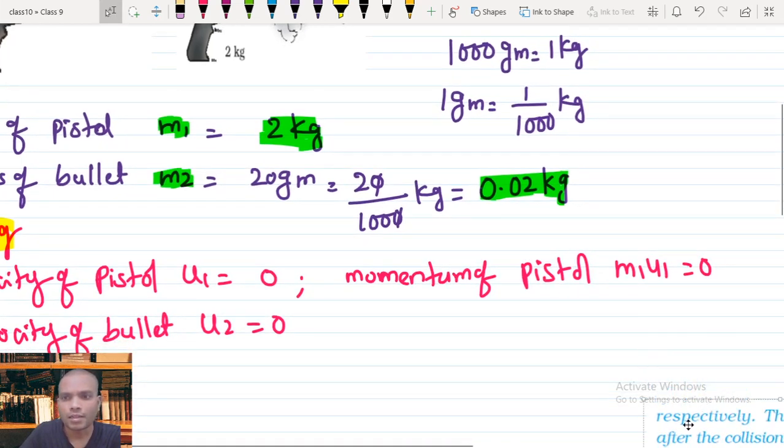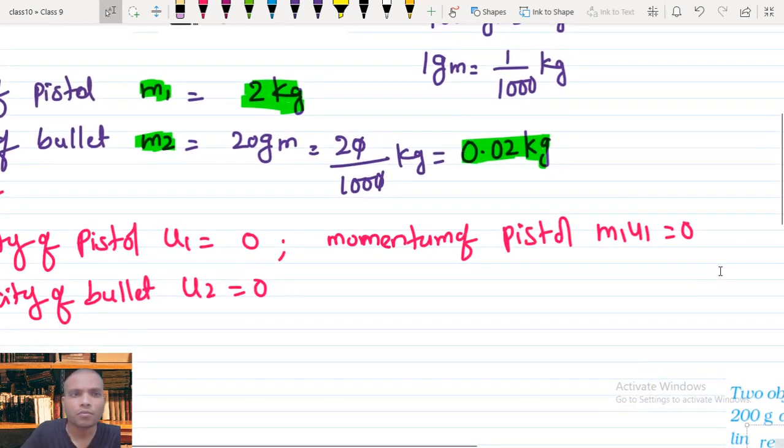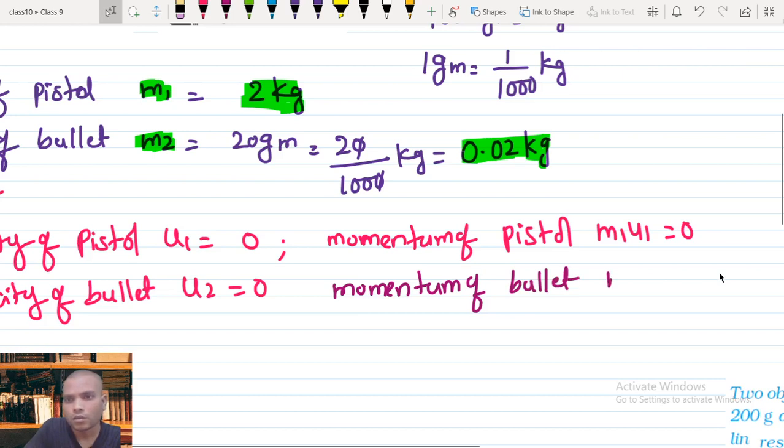Similarly we can write the momentum of the bullet, m2 u2, is equal to 0. How is it 0?